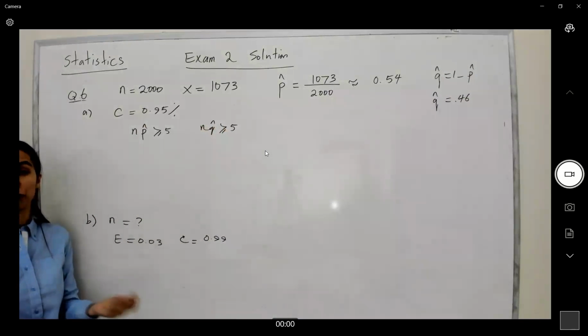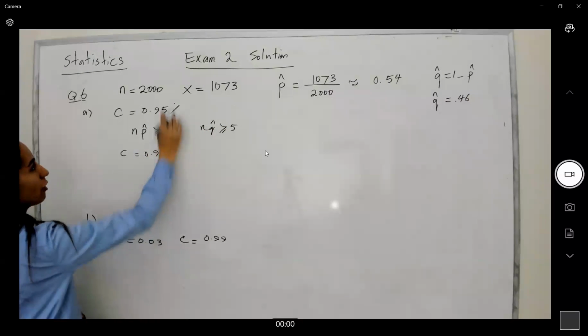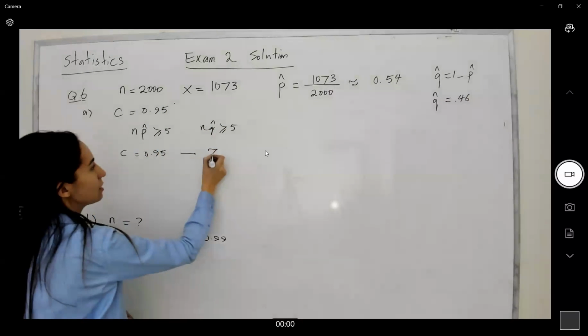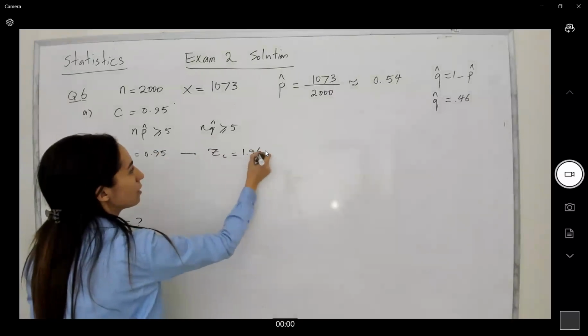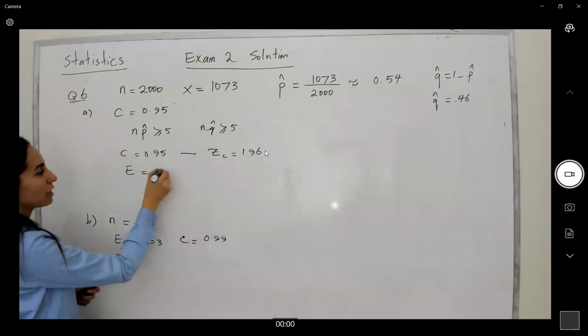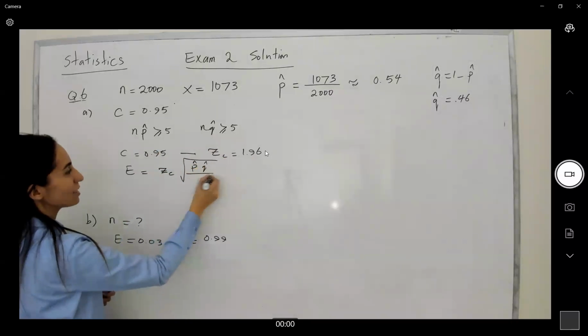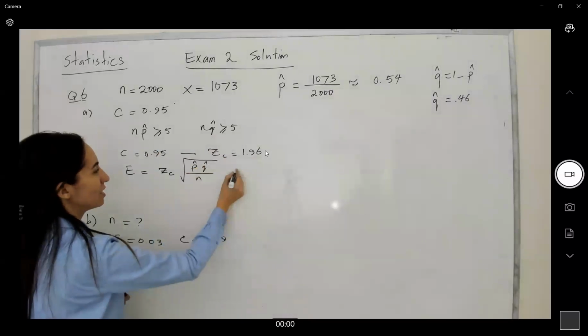Now we're going to find the critical value. We know that C is equal to 95%. It means that ZC is 1.96, and then E, margin of error, is ZC times square root of P hat Q hat over n.